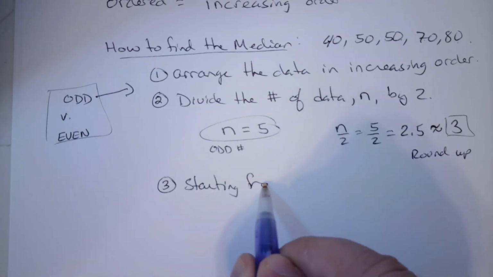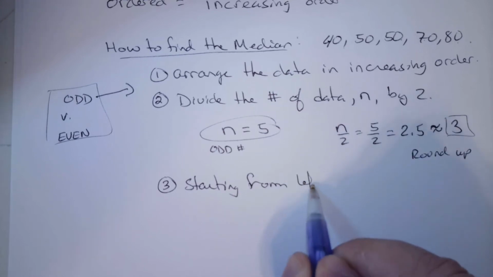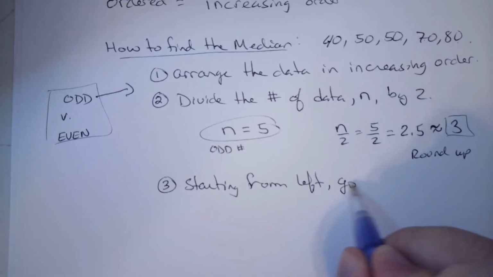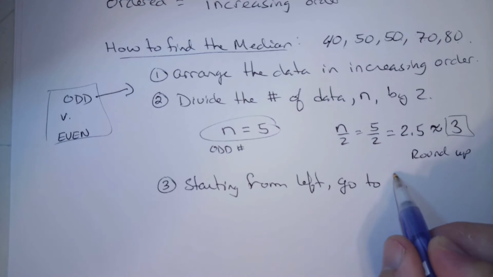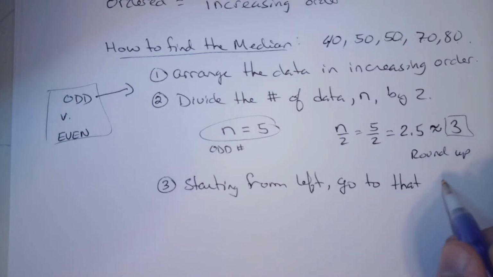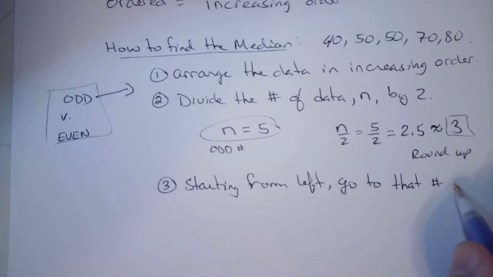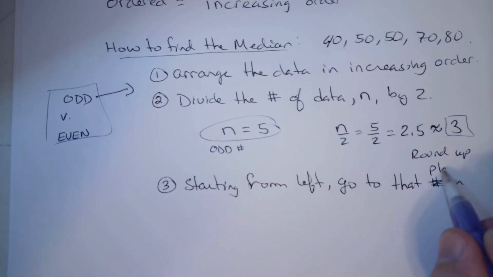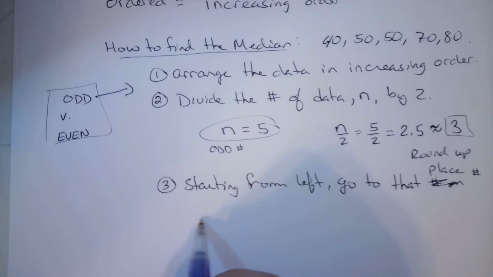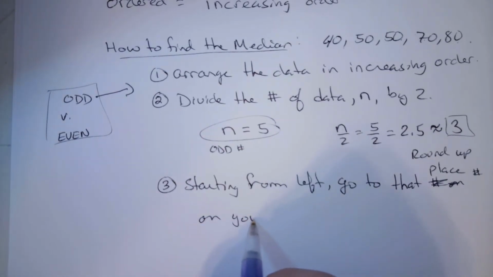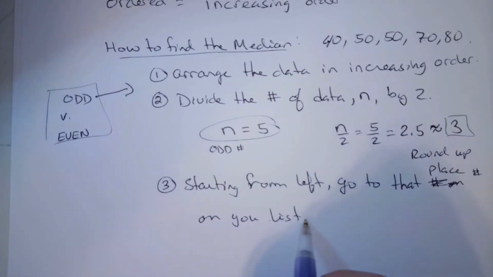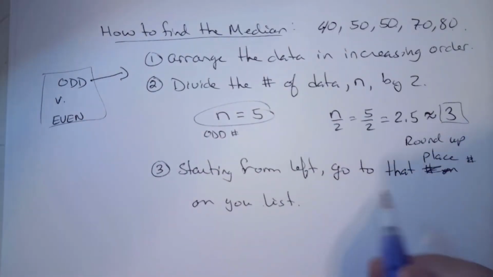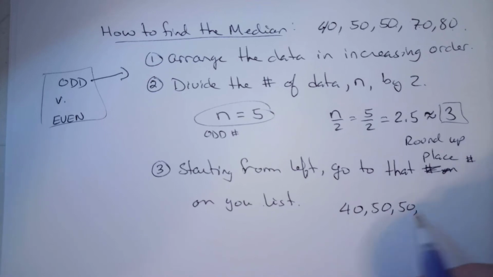Starting from the left, go to that place number on your list. So we had 40, 50, 50, 70, and 80.